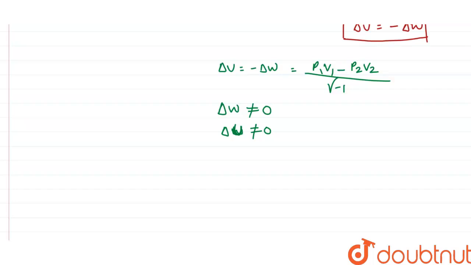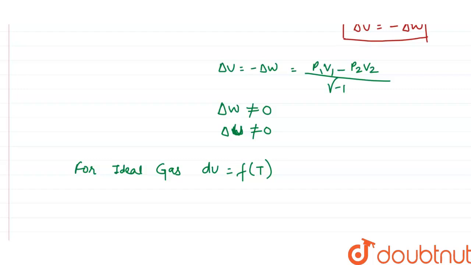So for an ideal gas, the internal energy is a function of temperature. This we know. That means if the temperature changes, then our internal energy also changes. If the temperature increases, internal energy increases. If the temperature decreases, our internal energy also decreases.